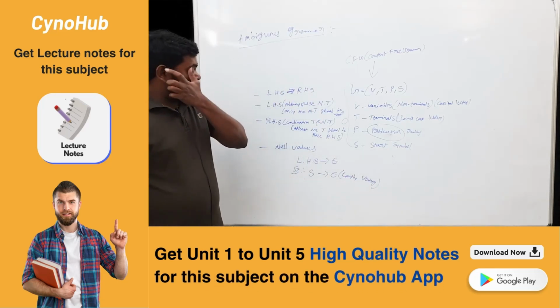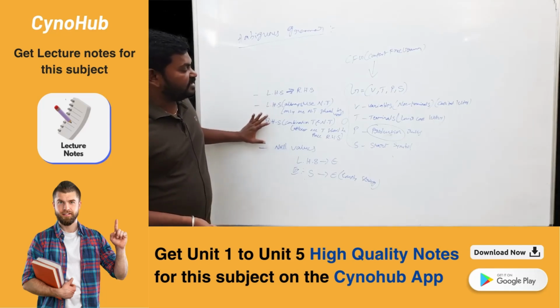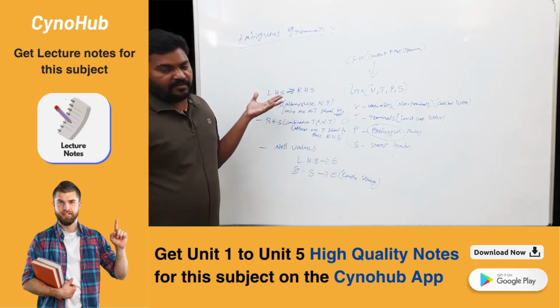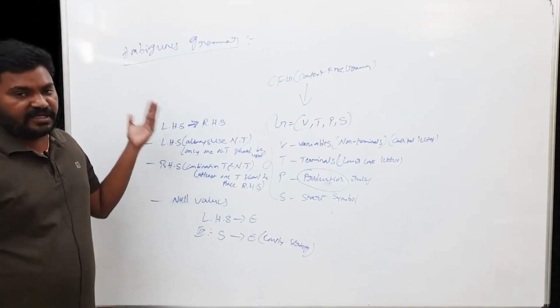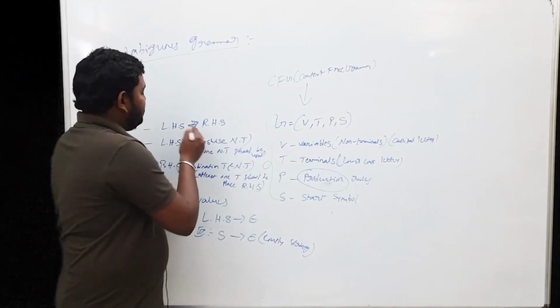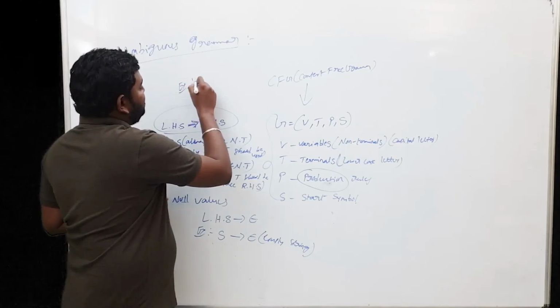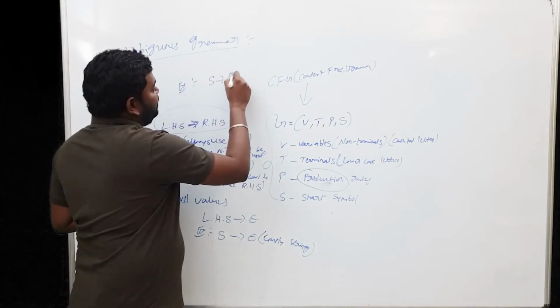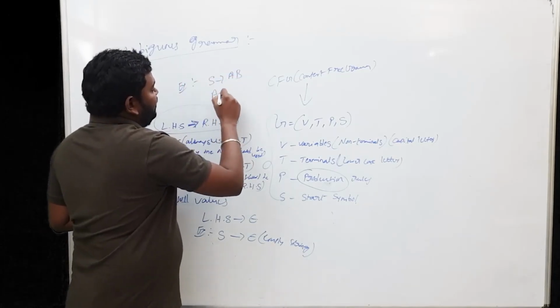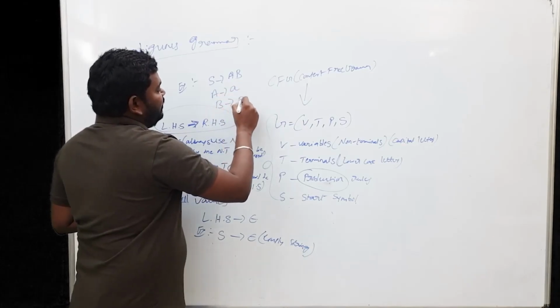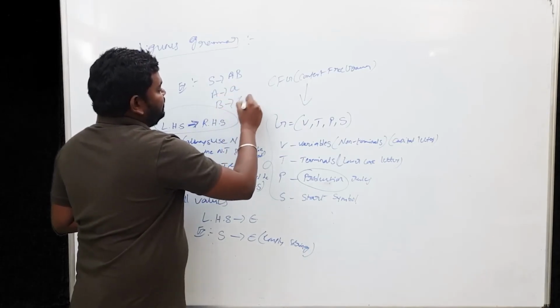So these are the 4 rules we need to understand to write the production for any grammar and any statement or any given language. The production will be like this. For example, S tends to AB, A tends to A, or B tends to anything like CD.